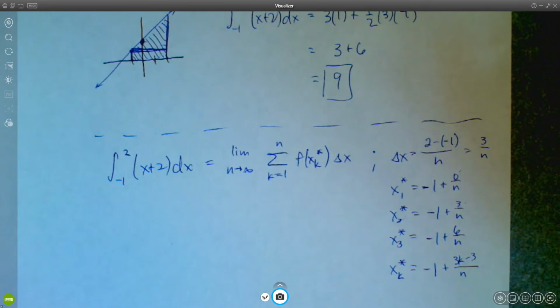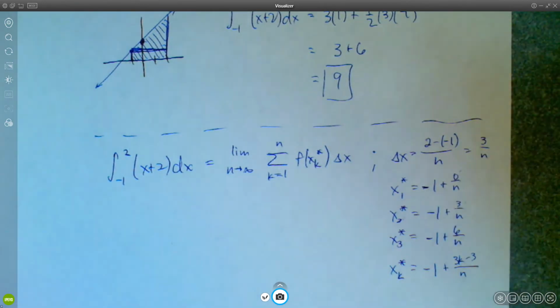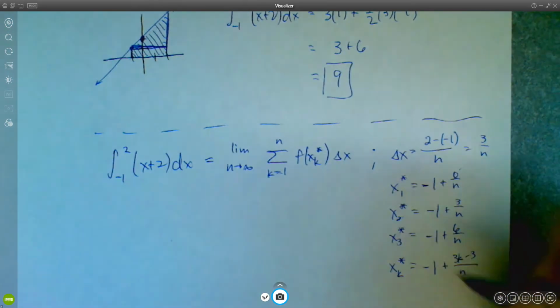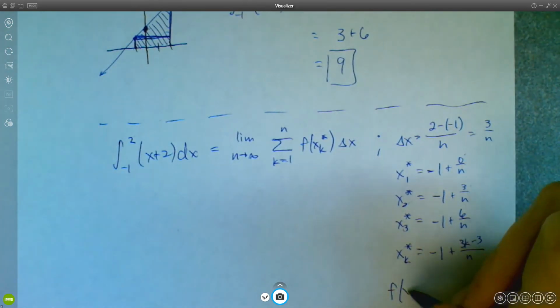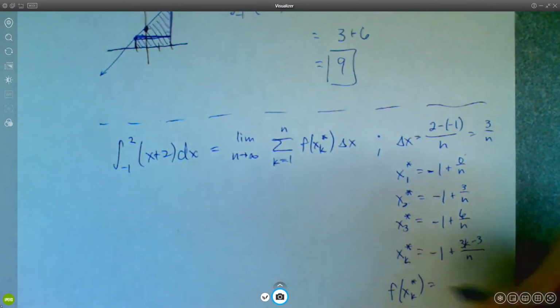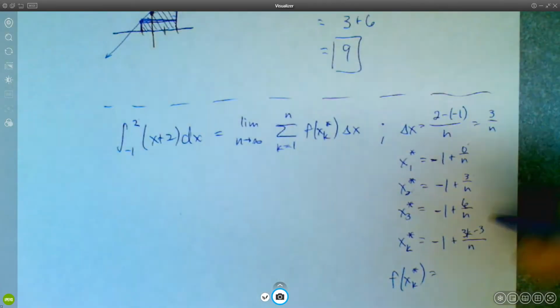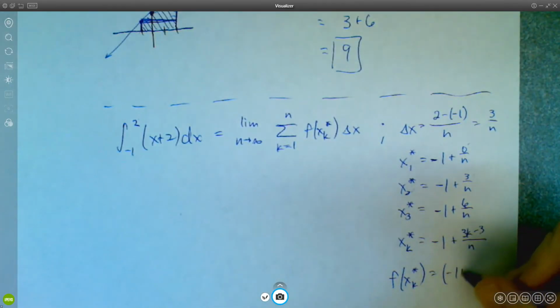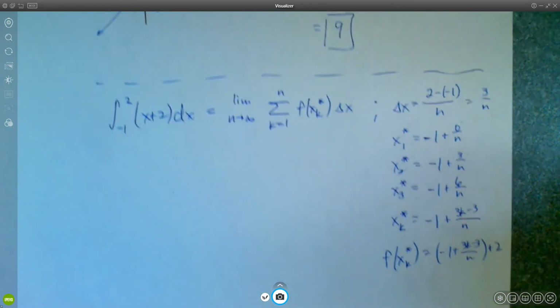Anyway, so there's xk star. Maybe another way to do it would be to actually combine the fractions or whatever. But anyway, if that's xk star, then f of xk star is going to be x plus 2. So that's negative 1 plus 3k minus 3 over n plus 2.